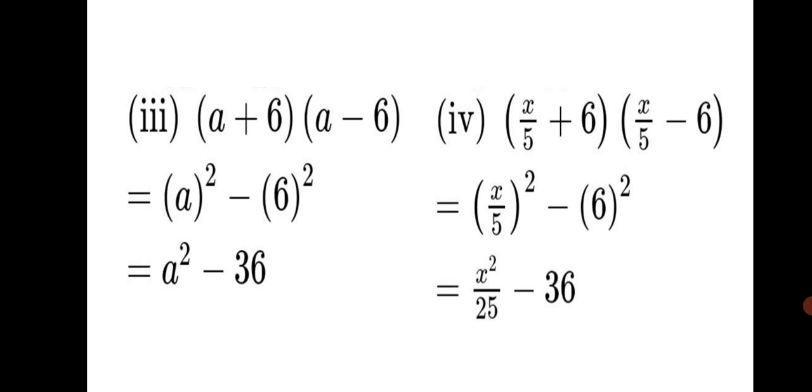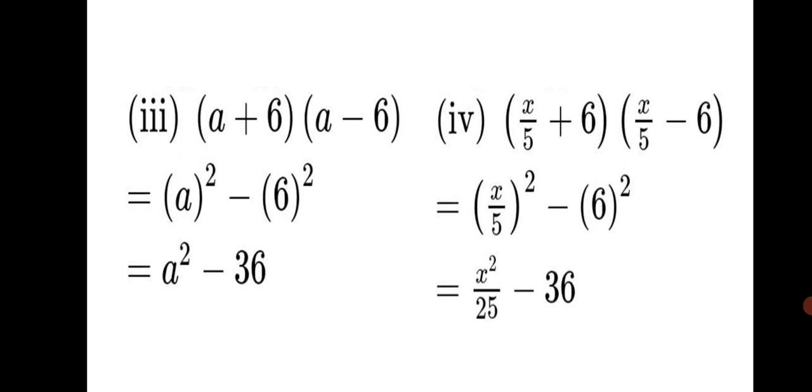And what is the second term? 6. So the square of the second term will be written as minus (6) the whole square. Now let us solve. x square is written as x square here. 5 square is written as upon 25, minus 6 square is written as 36.